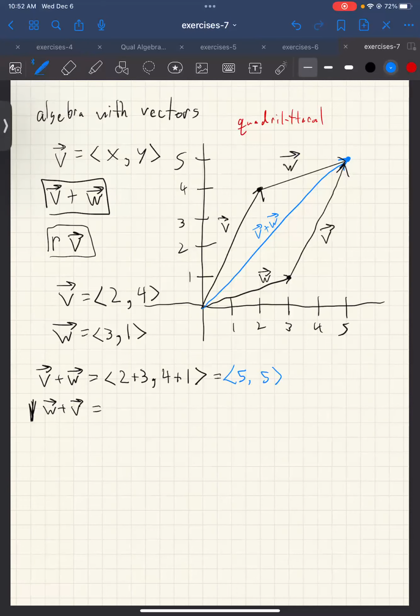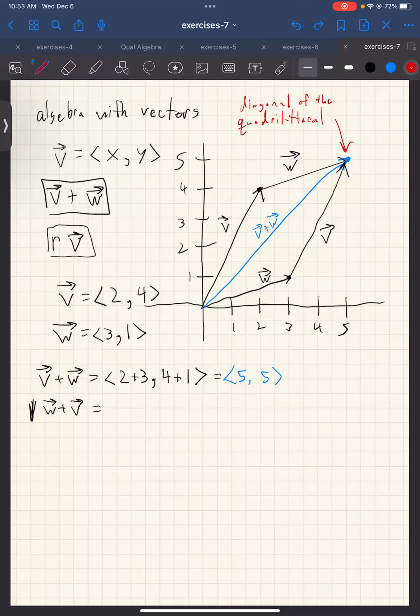And how do we describe v plus w? That is the diagonal of the quadrilateral. It is the line that goes from here to here. Now, technically, we have another diagonal, and that is the one that goes from this point to this point.